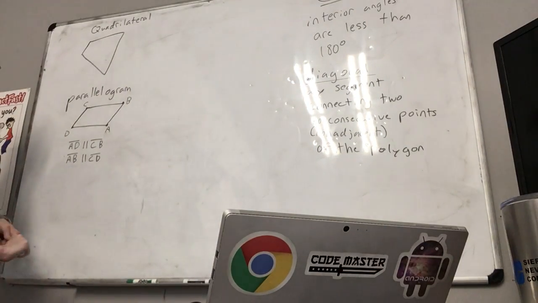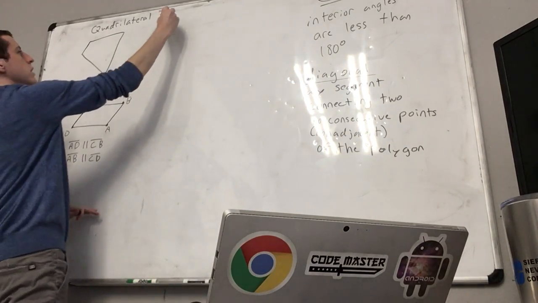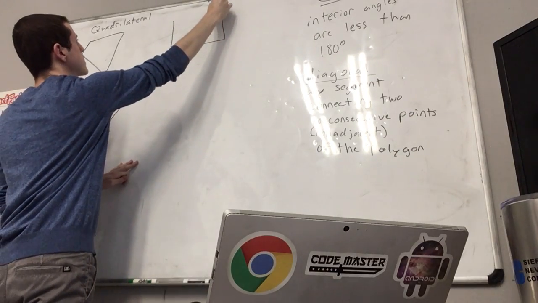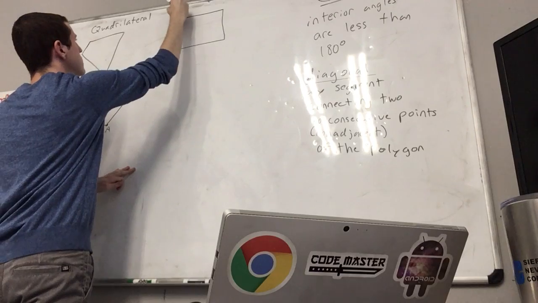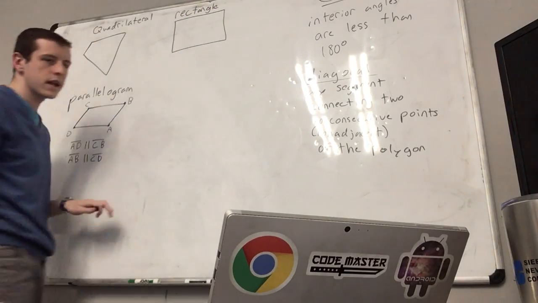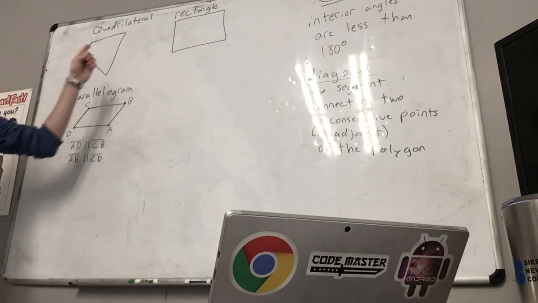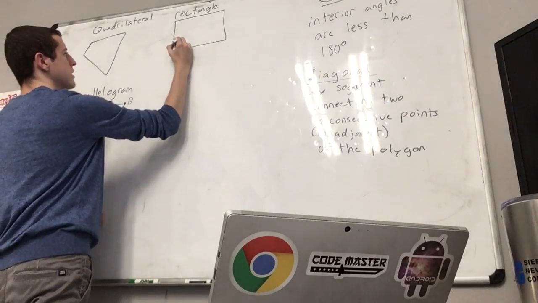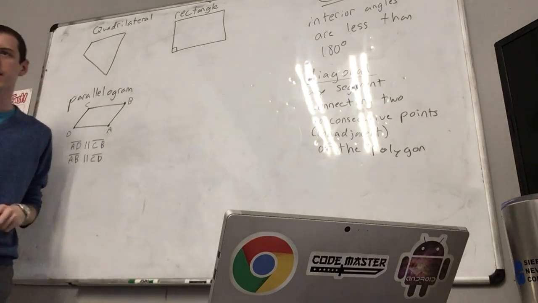A rectangle. Really testing my drawing skills today. A rectangle is, again, a type of quadrilateral. We say a rectangle is a rectangle because it has interior angles of 90 degrees.